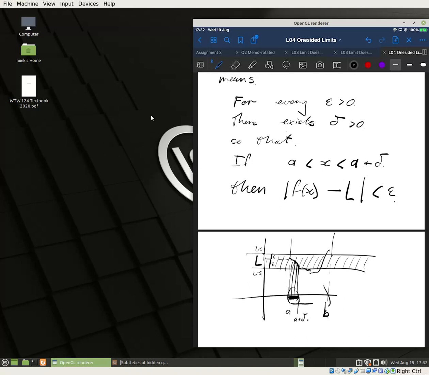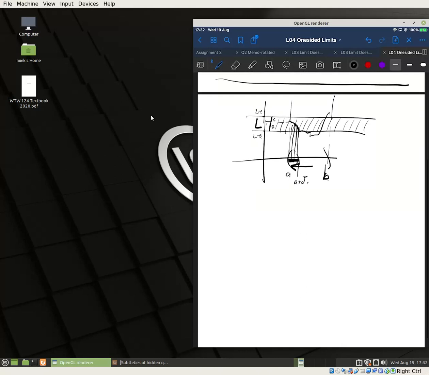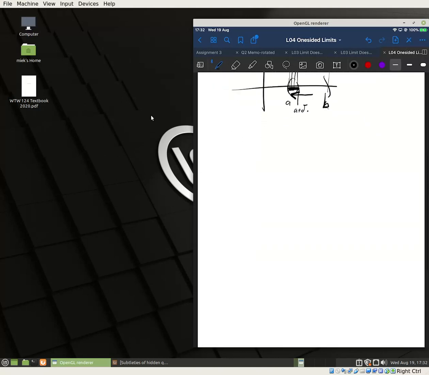So as x tends to a from the right equal to L means this.